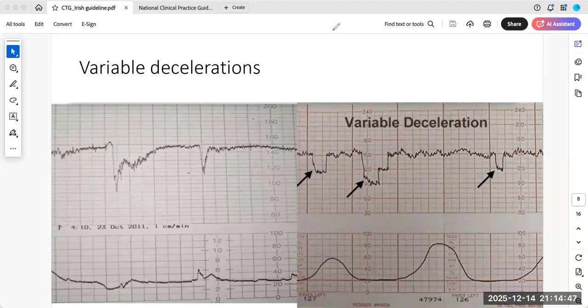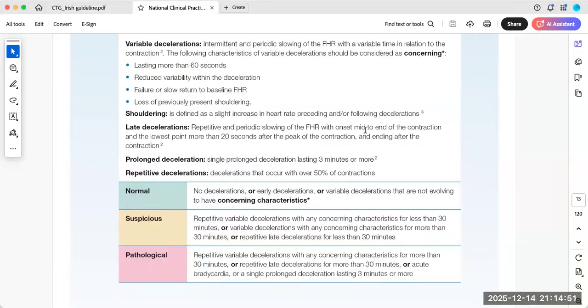How about the other type? Yes, if there is a concerning characteristic and it's repetitive, but lasts less than 30 minutes, I will be a little bit worried. Or if the variable deceleration of the good type with no concerning characteristic lasts more than 30 minutes, I am also suspicious.